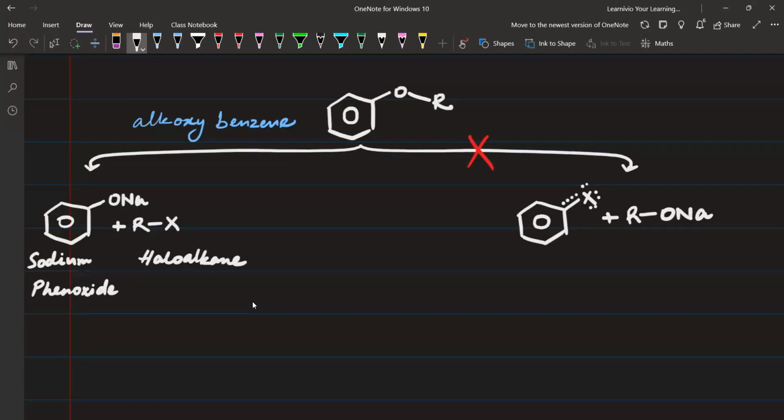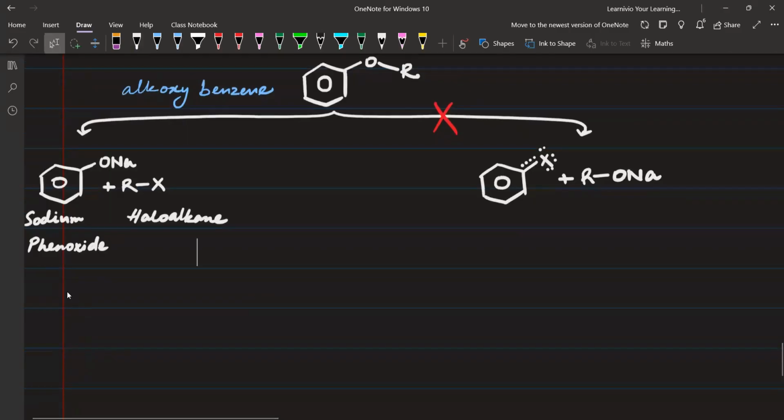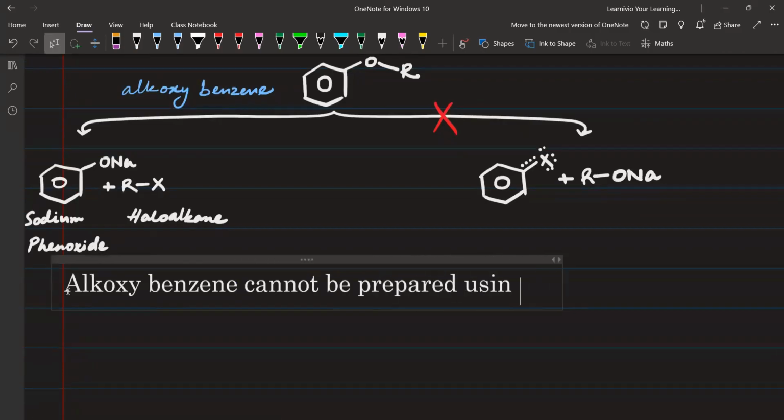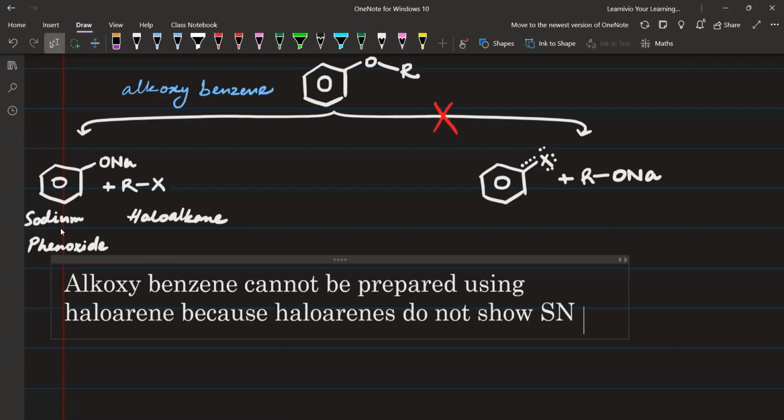So all of these theoretical questions can be asked. Why can we not use haloarene for the preparation of alkoxybenzene? So what are we going to write? We're going to write like this. I'm typing it out, okay? Alkoxybenzene cannot be prepared using haloarene because haloarenes do not show SN.